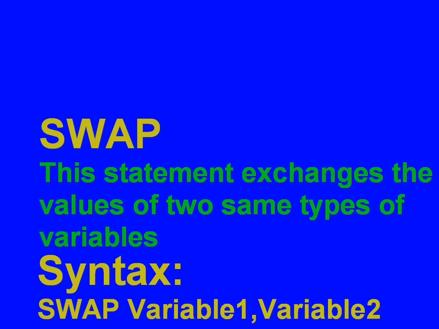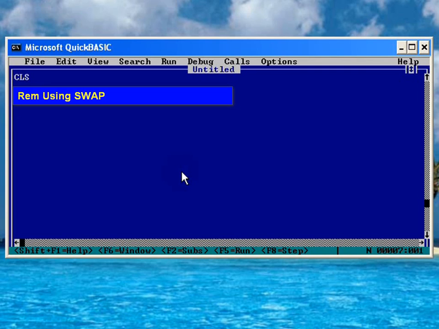Next statement we have is SWAP. CLS, SWAP. Now it exchanges the values of two variables. For example, A equal to 5 and B equal to 10.